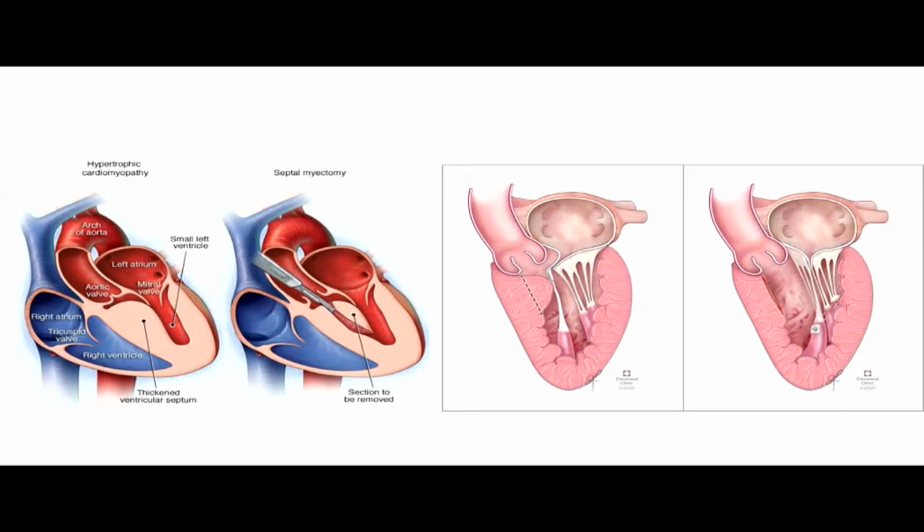So see, here the incision will be taken, via the aortic approach. Normally the chest is open, and the cardiorespiratory pump is attached to the heart. Then you take an incision in the aorta, open the aorta, and via the aorta you will be able to see the interventricular septum.